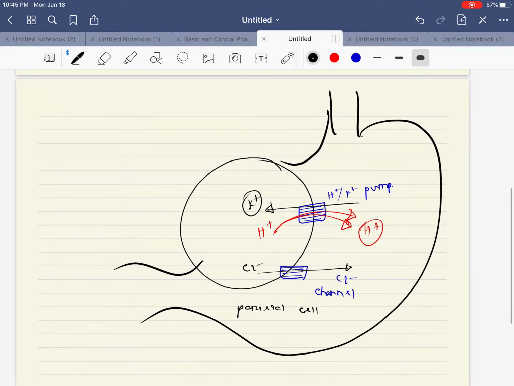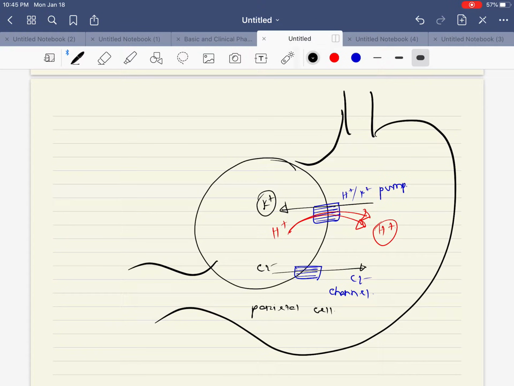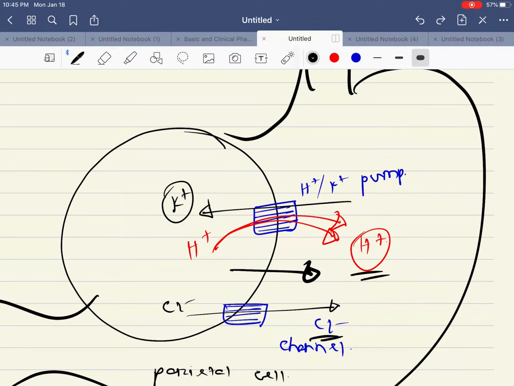The H plus ions and Cl minus ions come into the lumen, that means the gastric cavity. So this is all about the proton pump. This hydrogen potassium pump is also known as the proton pump.